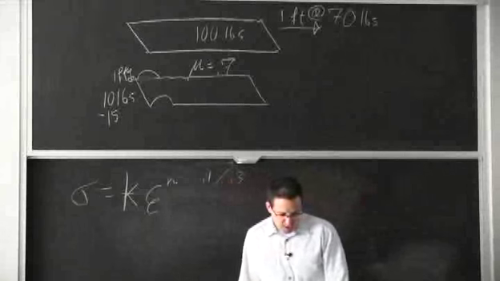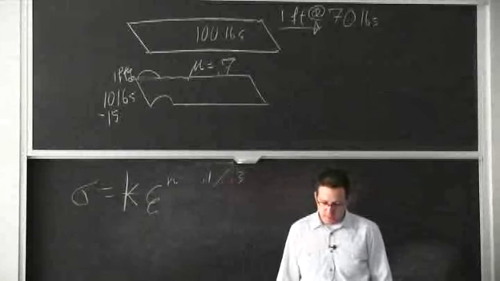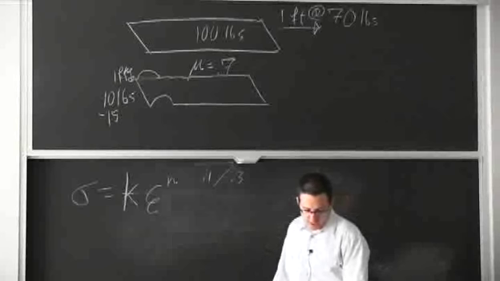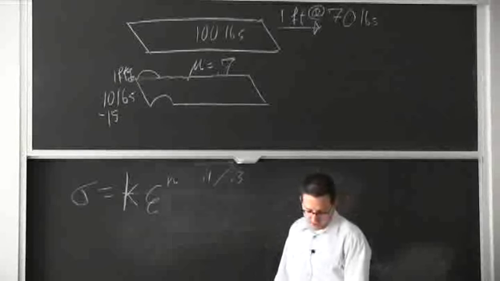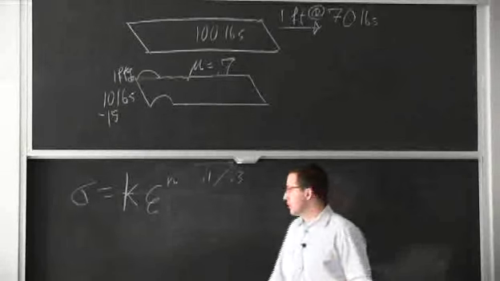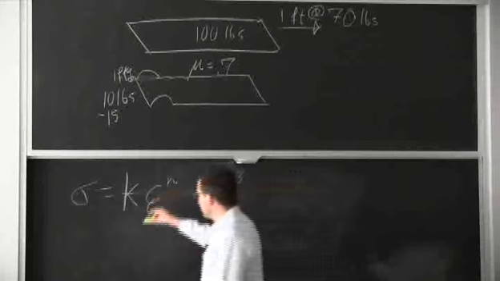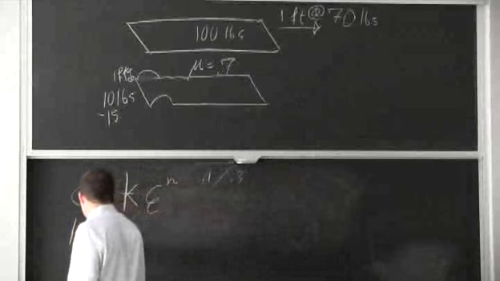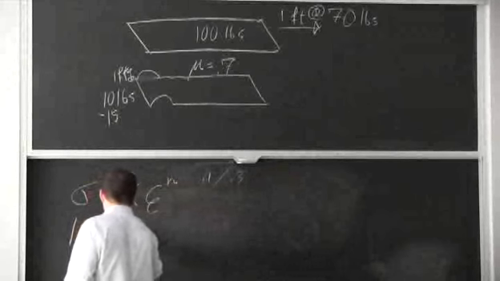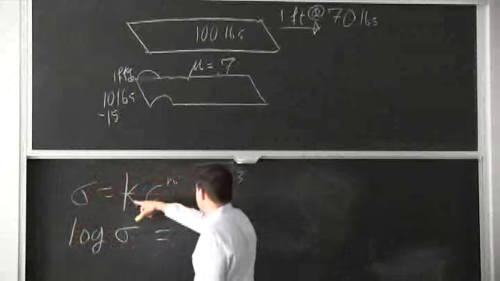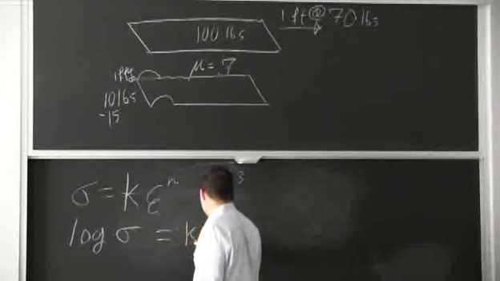And that's what is shown here for an example of aluminum, where we're plotting it on a logarithmic scale, which makes it easier to find that exponent. If I just do the log here of the stress, this is a constant, so it's not going to change.